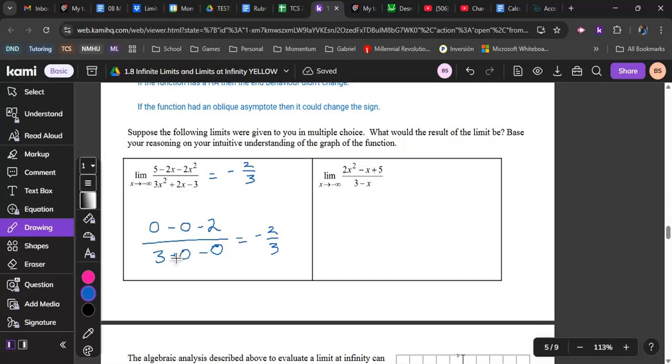Next one. If we do the same thing here, this one was top heavy, so where should this one go? Infinity or negative infinity? That one will go to negative infinity. We're going to think it goes to negative infinity. So let's check it out. In this particular case, we're going to get 2x minus 1 plus 5 over x, because x over x.